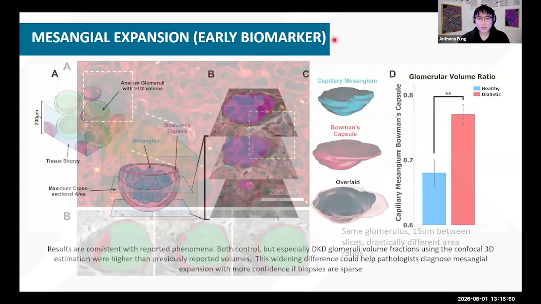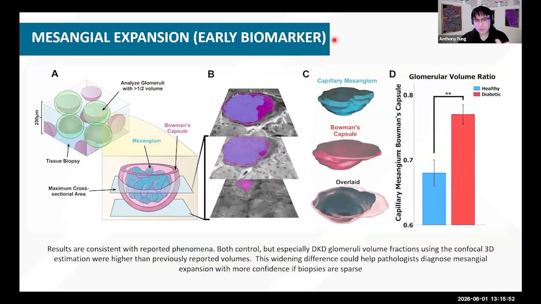Since it's an optical platform, we can just scan in the Z direction. And luckily, depending on the lens you're using, a 200 micron glomerulus is perfect, you can get at least one hemisphere of it to get a more accurate measurement.